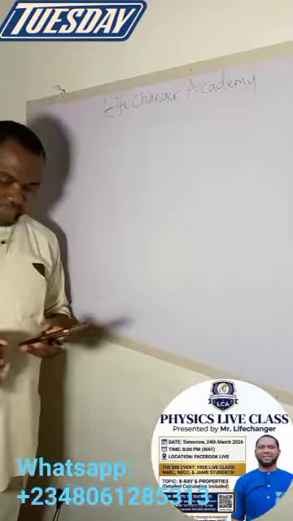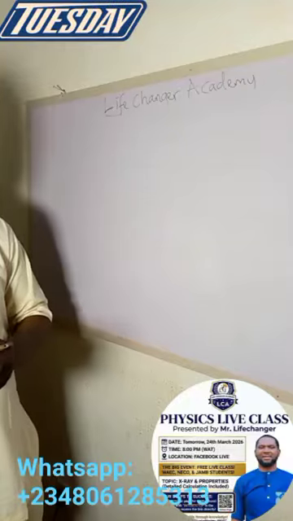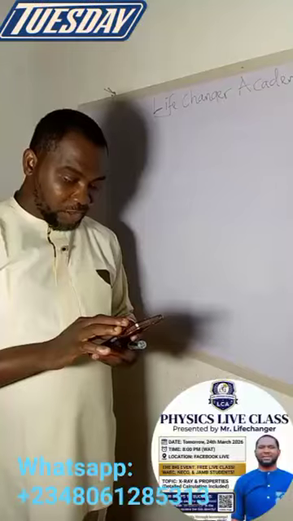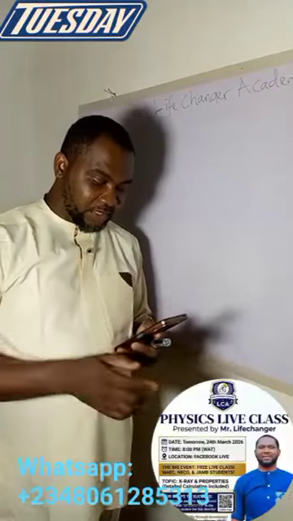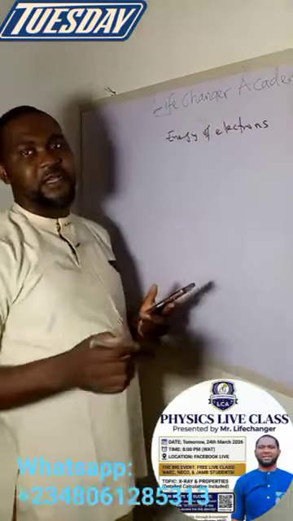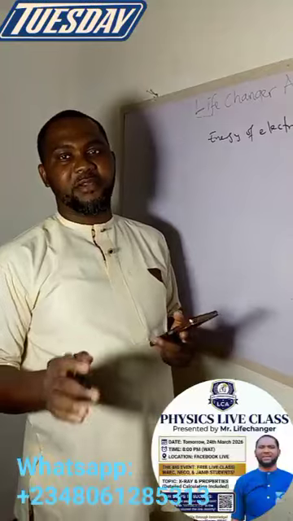Okay, so the next thing we are going to be looking at is calculations involving X-rays. Now, there are two important formulas that I want you to note. One of them is what we call the energy of electrons. I think when we did photoelectric effect, I gave us certain formulas for energy of electrons, and any of them can be used.